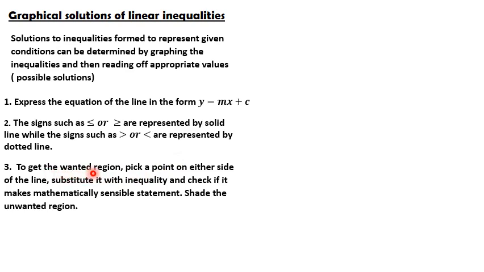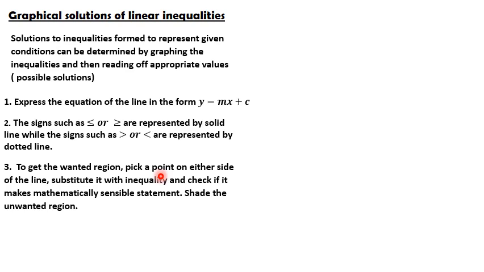So to get the wanted region, we normally pick a point on either side of the line, substitute it into the inequality that you have, check if it makes a mathematically sensible statement, then you shade the unwanted region.